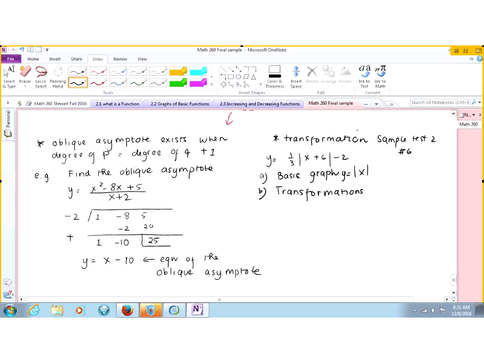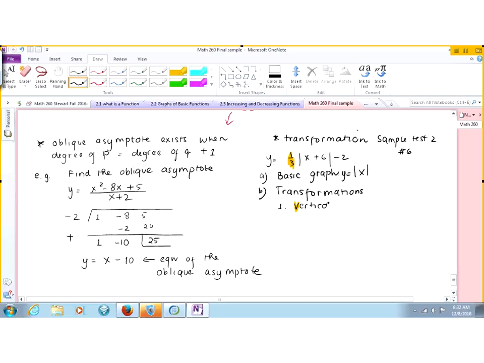So what does this 1/3 do? What, compress? No, 1/3 is actually outside. Yeah, so it is always related to y, right? So since 1/3 is outside.